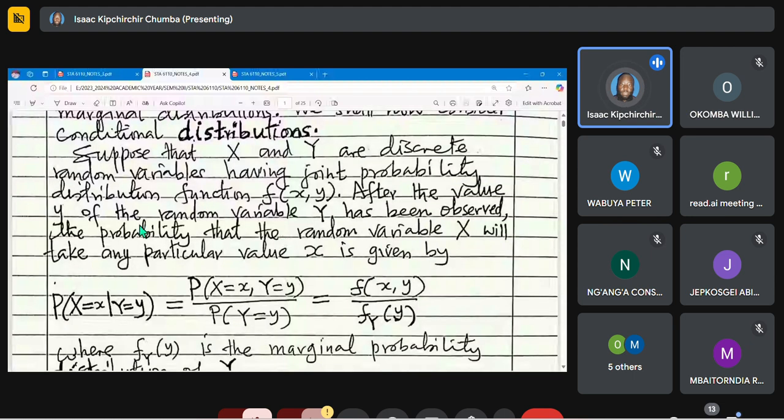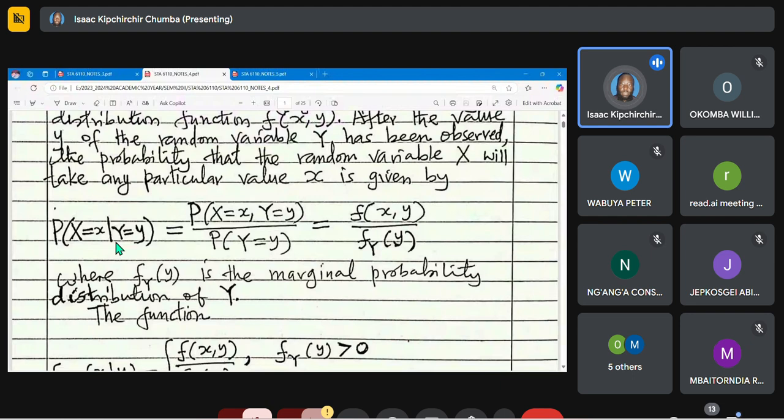After the value y, lowercase y, of the random variable y, you can see y is capital here, but the value it assumes is lowercase, has been observed, so the random variable y has assumed the value small y, the probability that the random variable x will take any particular value x is given by this.